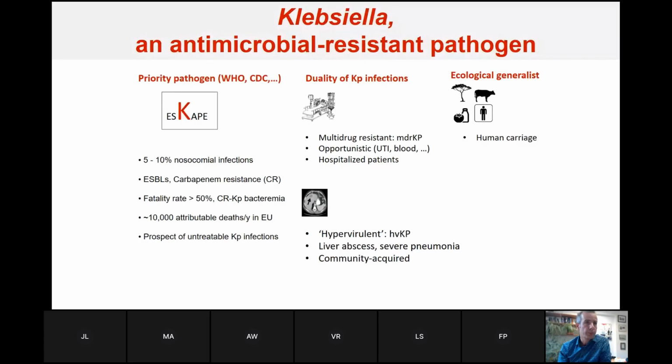What is famous about Klebsiella is that it's a hospital opportunistic pathogen causing a high burden in these settings, but it is also a community pathogen, sometimes called hypervirulent for some of these strains, causing, for example, liver abscess, typically in people with no risk factors.